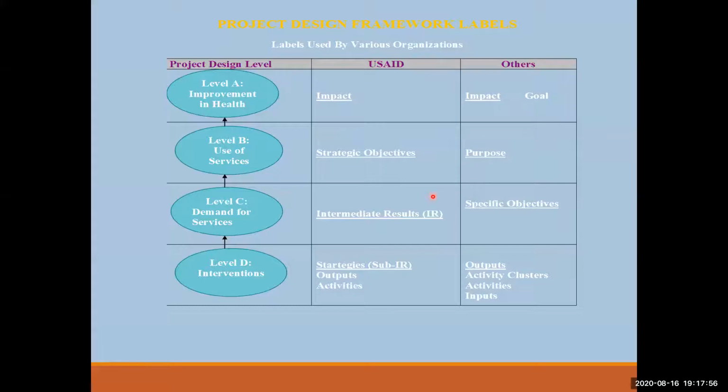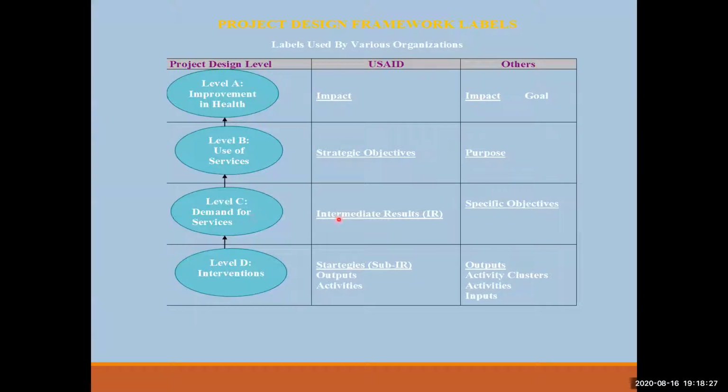So here is a comparison between USAID and others and the project design level. What we said, improvement in health, is what USAID usually calls impact. Others may call it impact or goal. Use of the services, SO, strategic objective or purpose, or whatever else they call it, will be the same as outcomes.